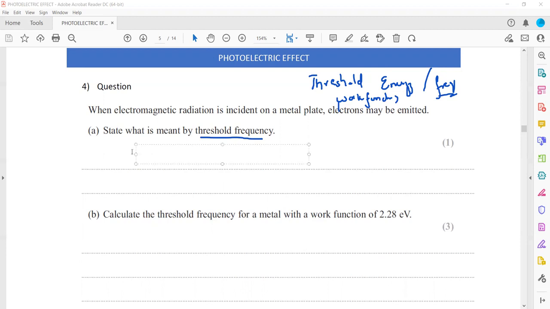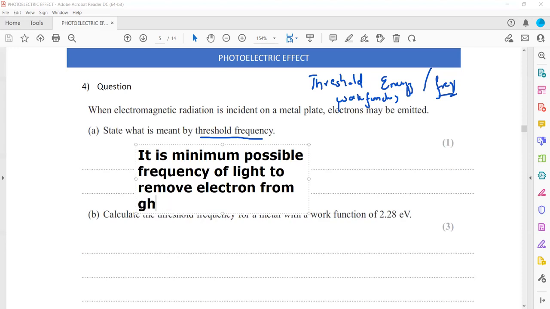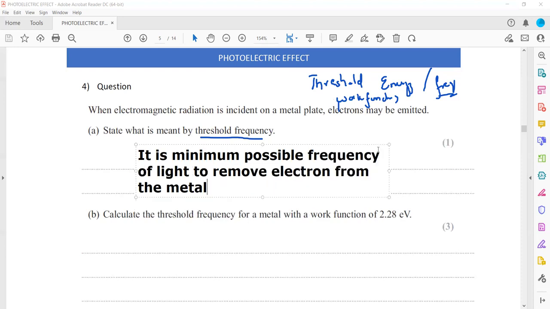It is the minimum possible frequency of a light to remove an electron from the metal. So how much frequency we need to remove an electron from the metal surface, we call that the threshold frequency. And how much energy we need to remove an electron out from the metal surface, we call that the work function.